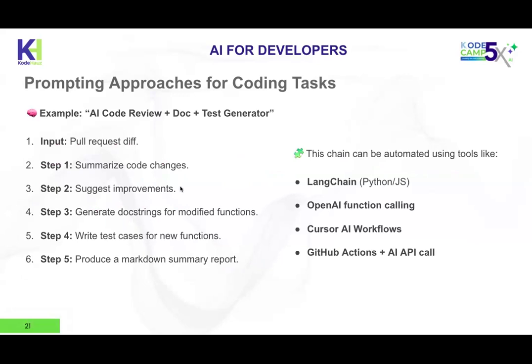I want us to use these prompting techniques without writing any code yet. We are going to use maybe one of the tools that we have and see how we can build a code review tool. So you have a prompt chain here. You start with the input, which is a diff from a PR.